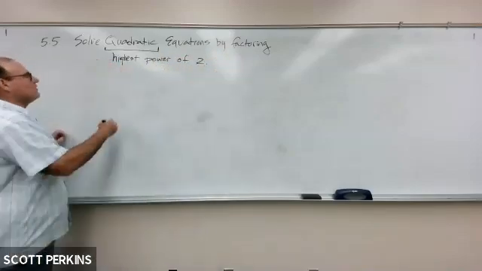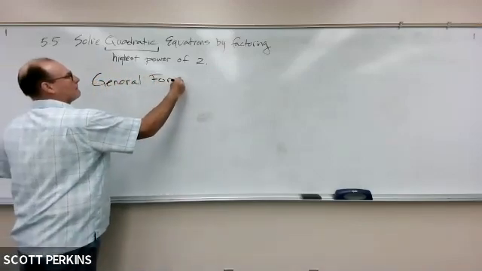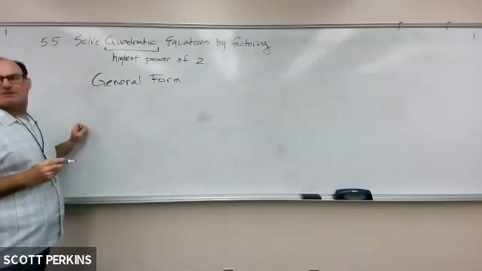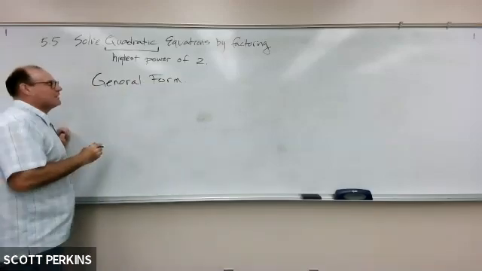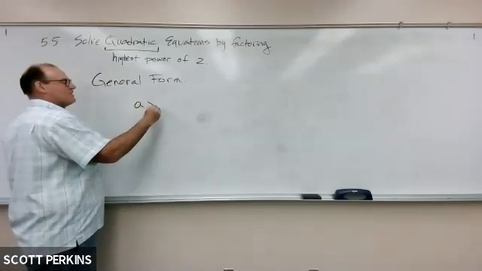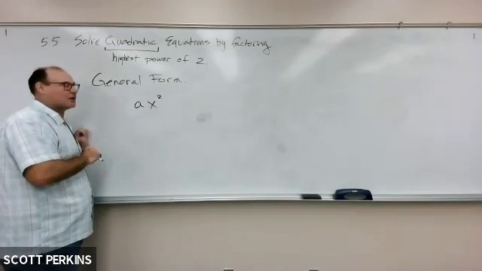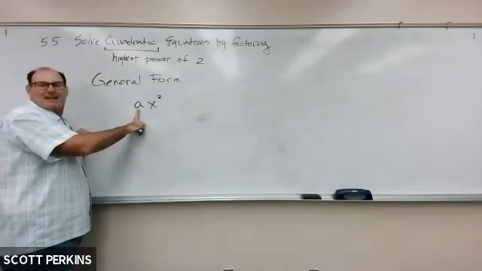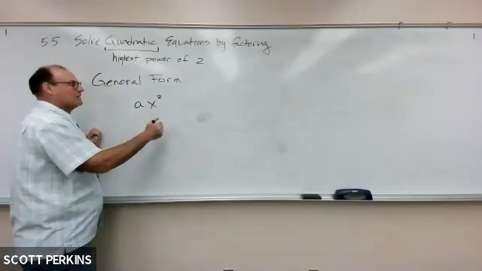And so the general form of a quadratic equation is this. And I'm going to use some letters, the standard letters. If you've seen this before, you saw it with the same letters. Okay, we've got the letter a in front of x squared. There's my highest power of 2. That's what makes this a quadratic equation. A just stands for any number. You can put any integer, any value, any decimal there you want.